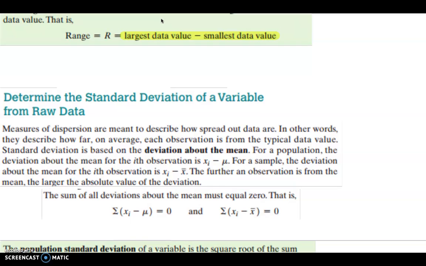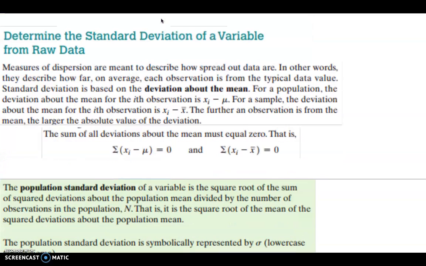But there are some slightly better ways to calculate dispersion, and one of those is the standard deviation. All of these measurements of dispersion are meant to describe how spread out our data are. In other words, how far on average each observation is from the typical data value.